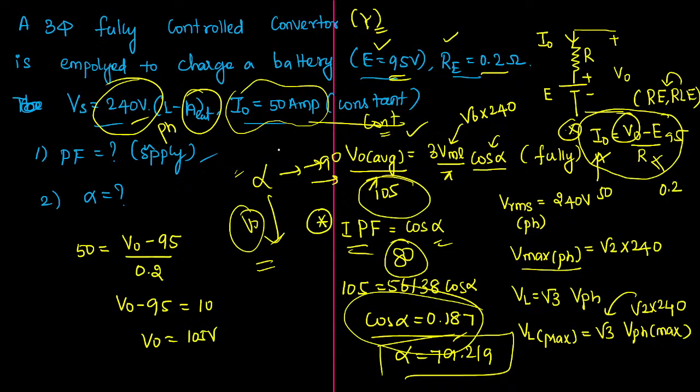I'll be bringing the next question, which is a following sketch. We will be considering a three-phase fully controlled converter. As usual, a three-phase fully controlled converter. They are talking about the V naught average voltage for various firing angles.